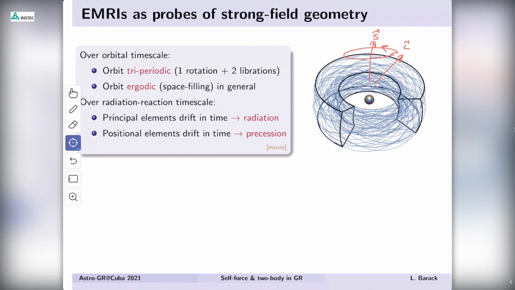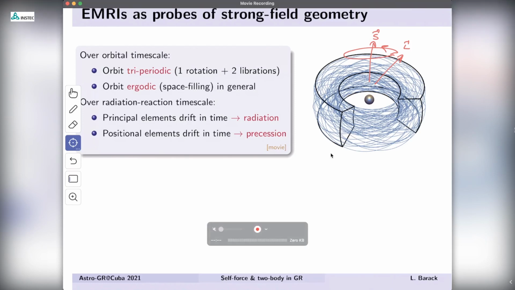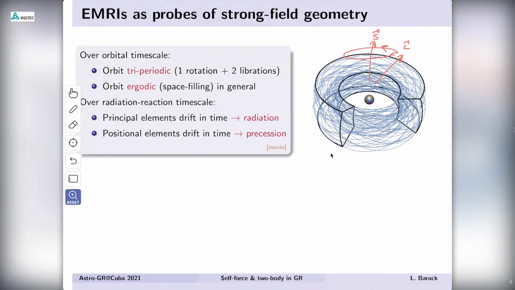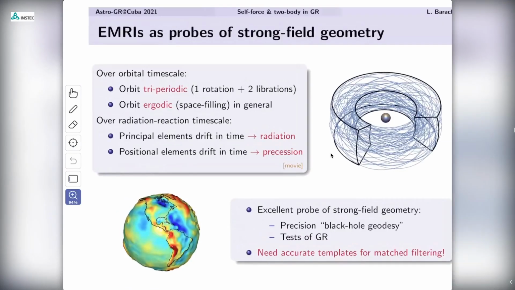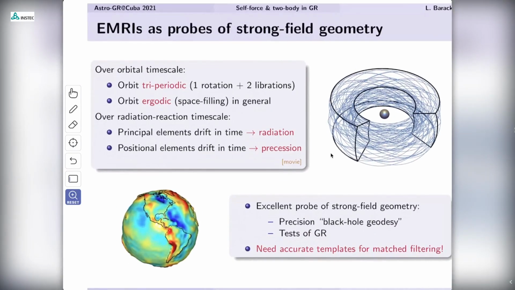So could we get better results if we include higher order terms, or would perturbation theory just break down? So post-Newtonian theory breaks down. We know a certain amount of post-Newtonian terms, 4 post-Newtonian terms in the dynamics.